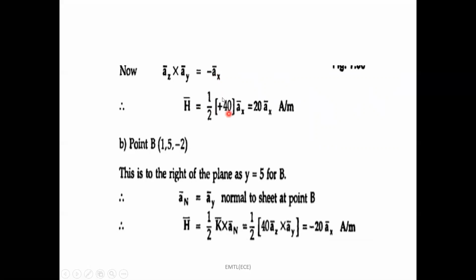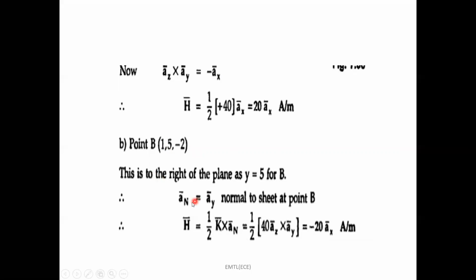So the H bar value at point A is half of 40 AX bar, that is 20 AX bar. That means the magnetic field intensity is along the x direction. The direction of the current is along z and the sheet is on the y is equal to 1 plane. Automatically the magnetic field intensity is along the x direction.